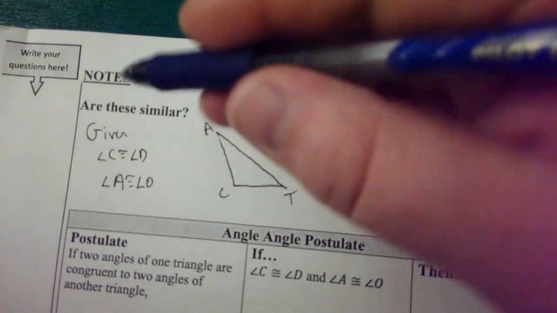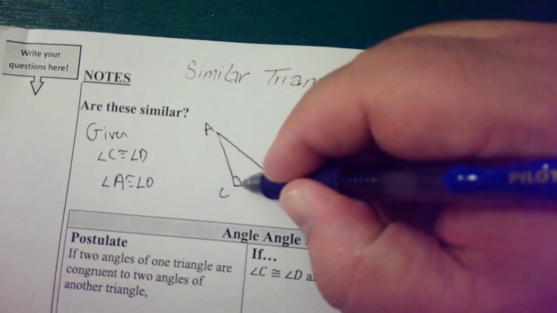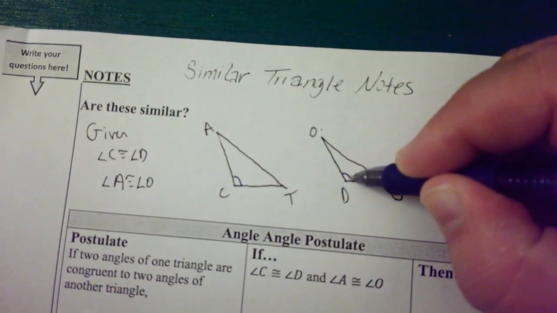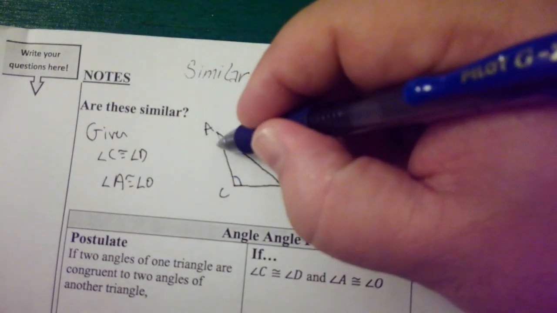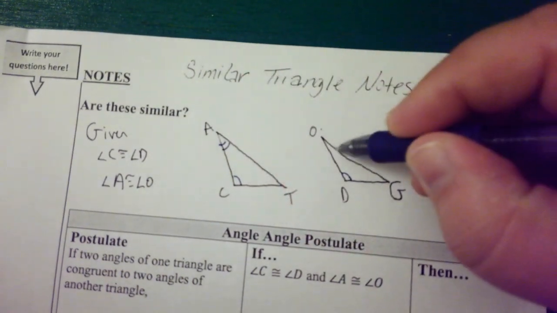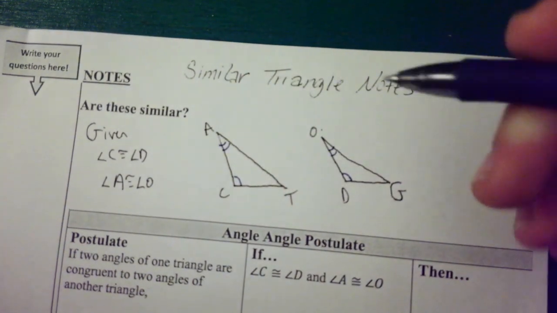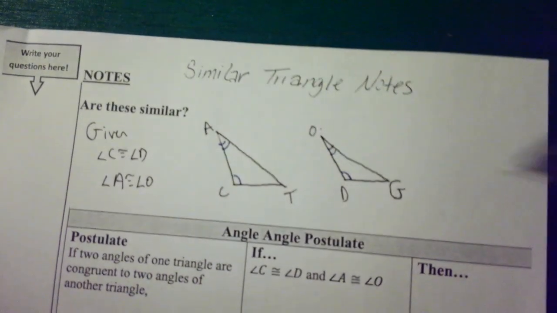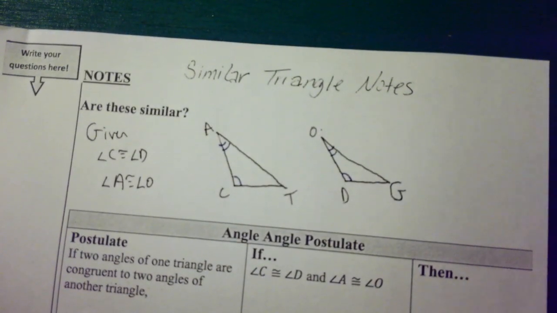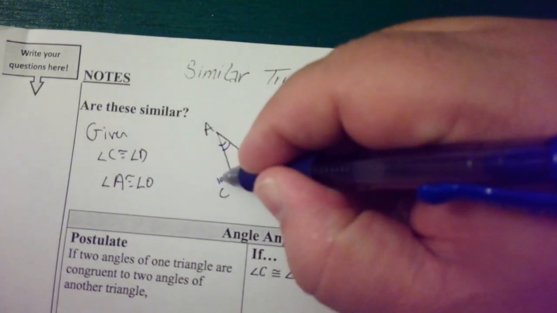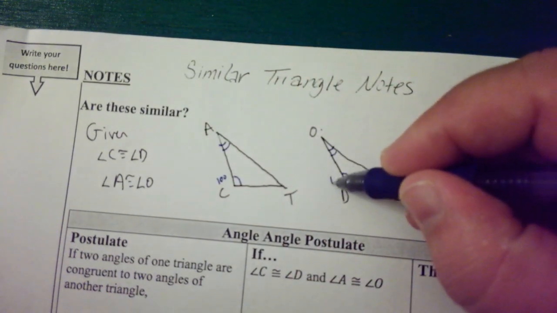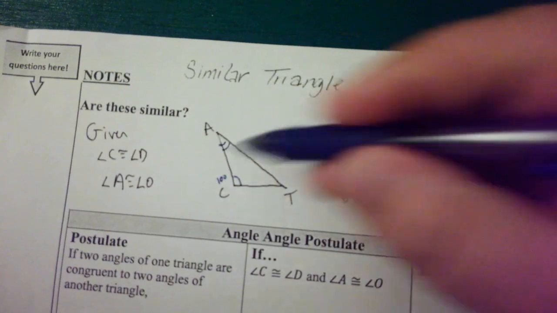So here, if we know that angle C is the same as angle D, and angle A is the same as angle O, well, the third angle has to be the same too, because all triangles add up to 180. So if we knew that, say, this was 100, then this also has to be 100, because they're the same.